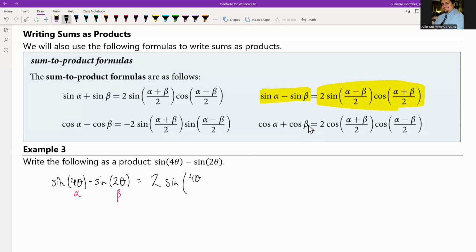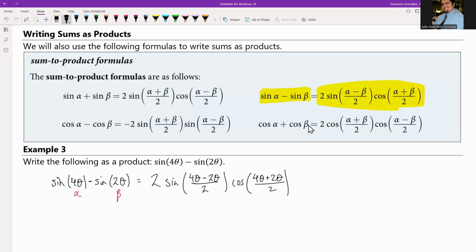And it's just healthy to write it out if you need to. 4 theta minus 2 theta over 2. Make sure I got the order right. Yep. Cosine 4 theta plus 2 theta over 2.